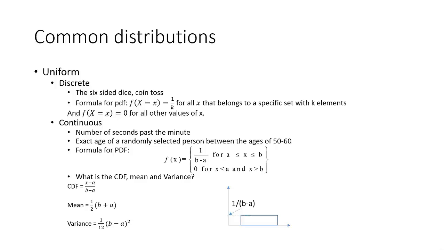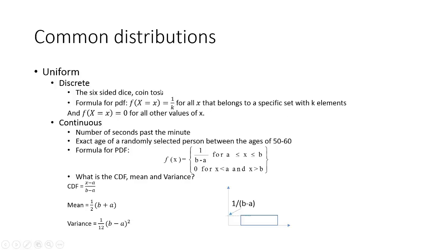We also saw the case of the coin toss, where here you have only 2 possible outcomes, and as long as they're both equal, it's still uniform. So the formula in terms of the PDF, the probability density function, which we discussed in the last class, is fairly straightforward. It's just 1 by k when there are k outcomes. So if there's a 6-sided dice, it's 1 by 6 for each of those 6 possible outcomes.